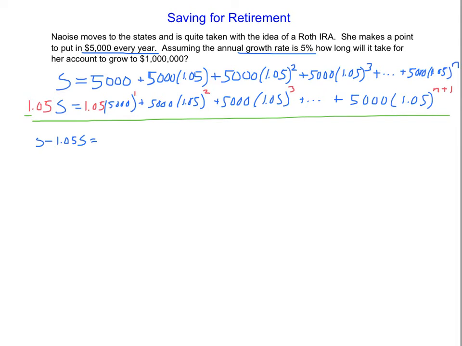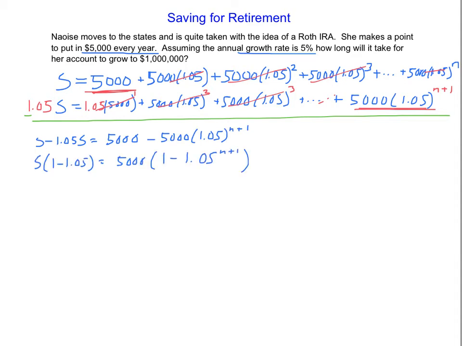So in subtracting them, this first 5,000, that has no pair, so that's just going to be 5,000. But then everything else actually pairs up. Like that's going to cancel with that, that cancels with that, so on and so forth. This is going to cancel with something right before it, but this one doesn't have anything to pair with. Alright, so there we go. And then remember, we can do a little bit of factoring and divide, and we'll solve for our sum.